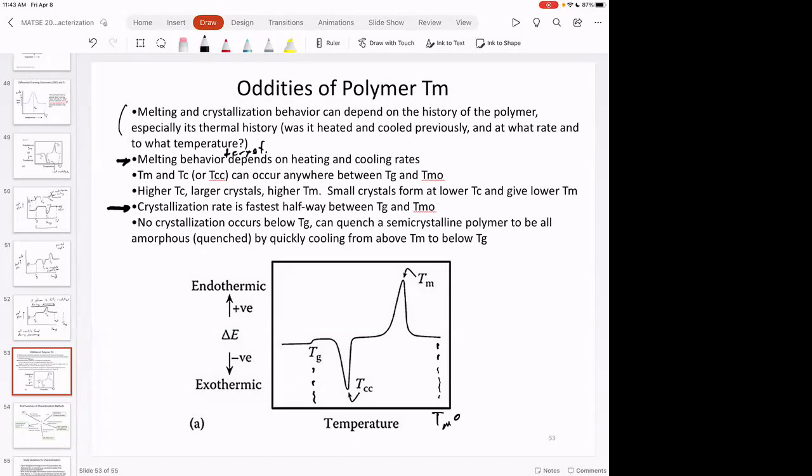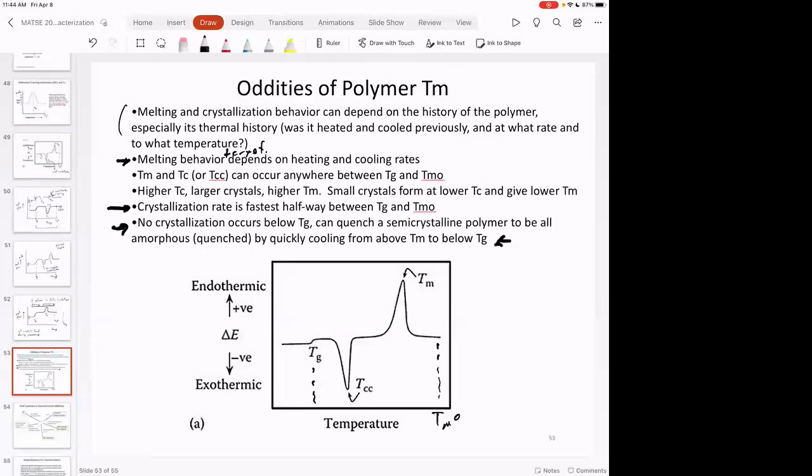It's just a really interesting, useful rule of thumb. So if you have a polymer and you want to get the maximum crystallinity into that polymer as you're processing it, you want to hold it halfway between TG and TM0 for a time to let it fully crystallize. And of course, no crystallization or melting can occur below TG, and we just talked about quenching as well.